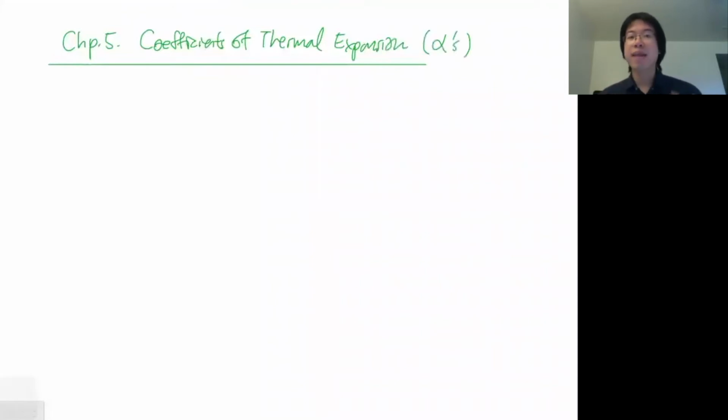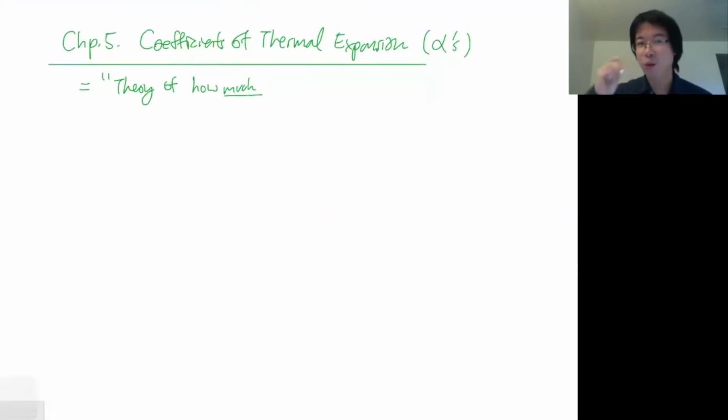These alphas will measure how much things expand. So this chapter is about the theory, the quantitative part: how much do things expand? The reference chapter here is Giancoli 17.4.